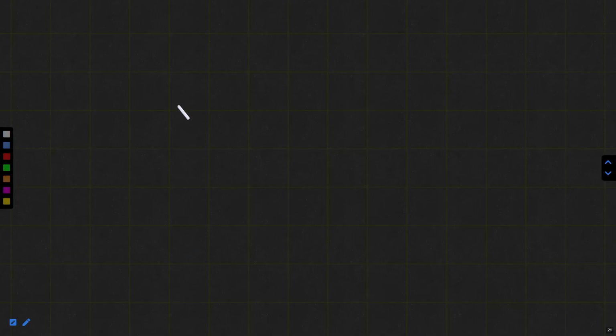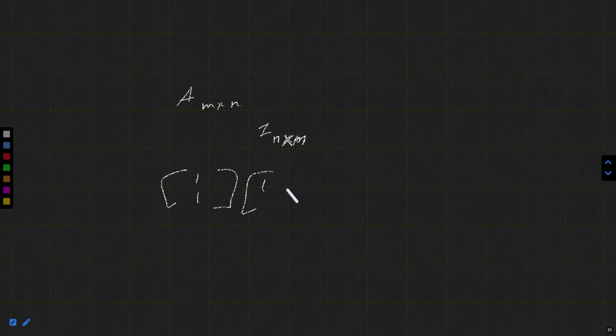And this identity must be of the right order. If A is M cross N, this means I must be N cross N for AI. Let me give an example. Say 1 cross 2, like this.